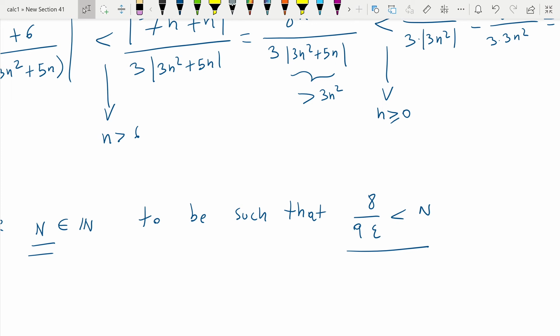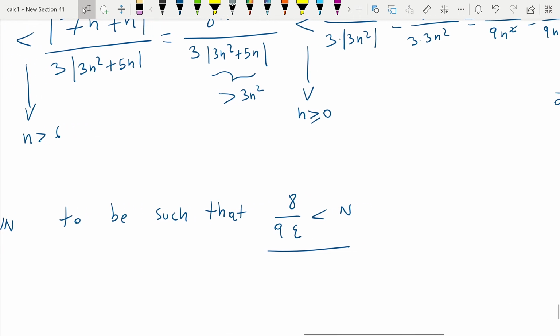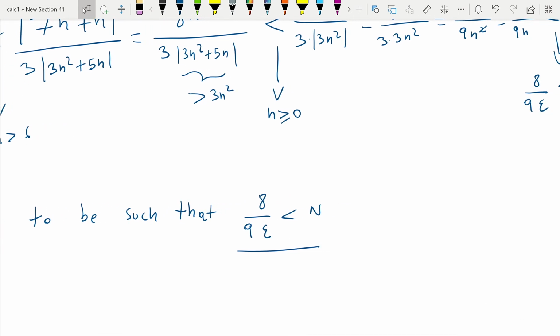to be fixed. Epsilon is fixed, and we found a capital N, and now we have to test our property for every single n greater than or equal to this capital N. We know this capital N exists again because of the Archimedean property.